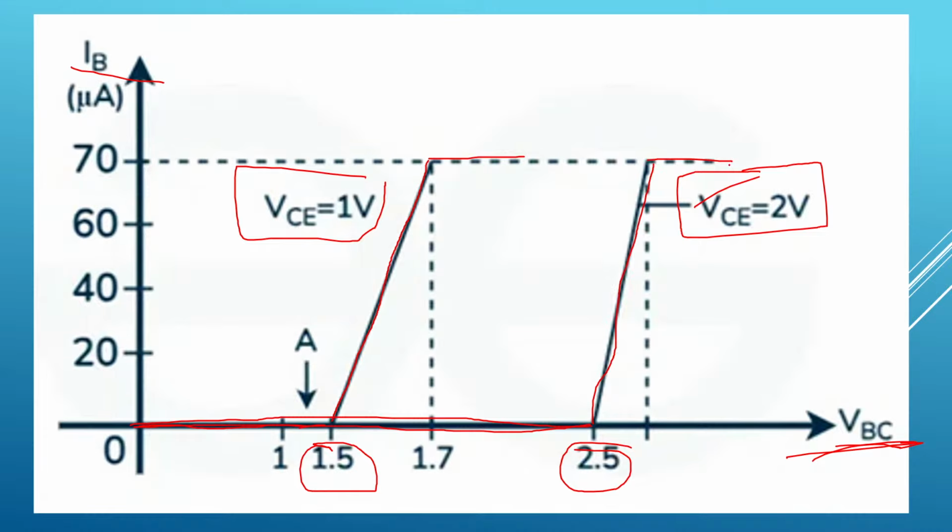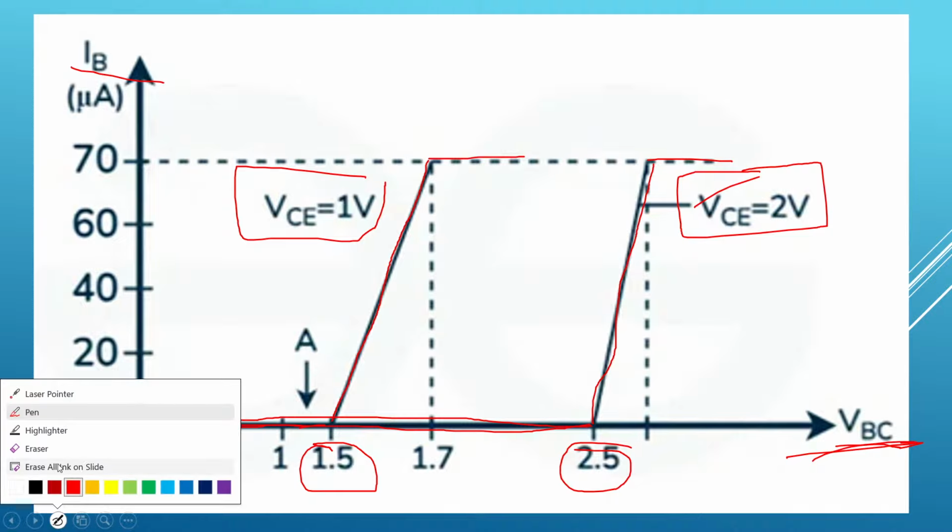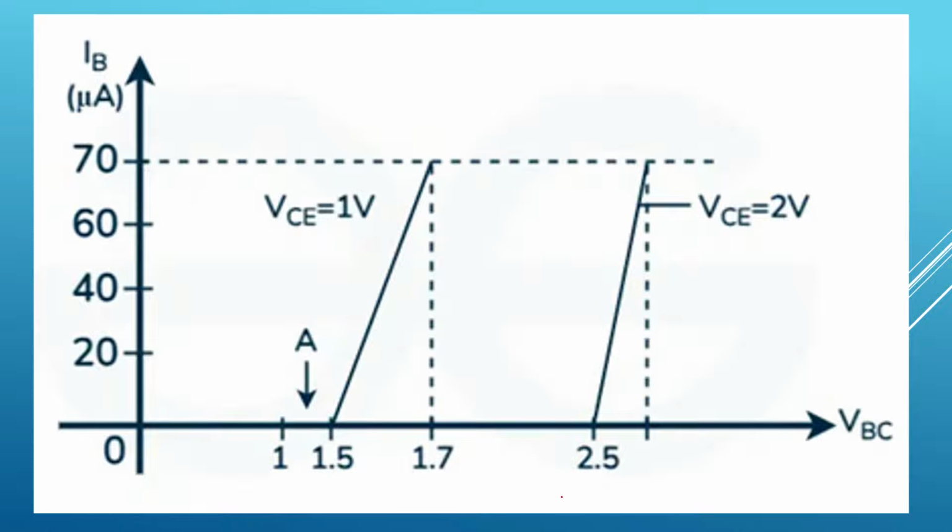After that, it becomes constant. Okay. So these are the input characteristics. Assuming VCE constant, as VBC varies, how IB varies, you can see here. Just draw it quickly.